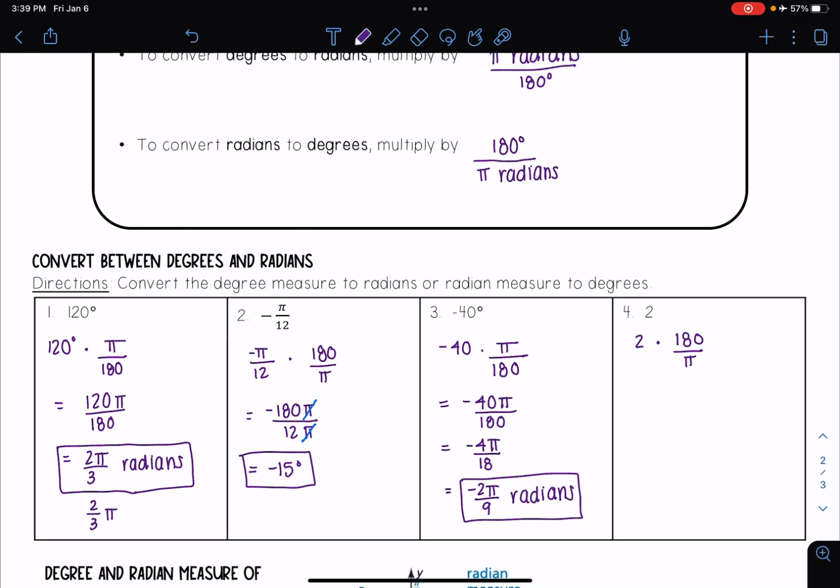I multiply across and I get 360 over pi. If you put that in your calculator, you hit the pi button and do 360 divided by pi. Rounding that, you should get that this is approximately 114.59 degrees.